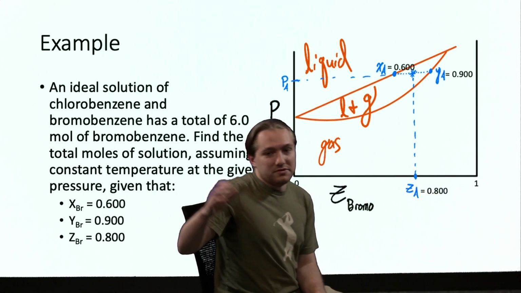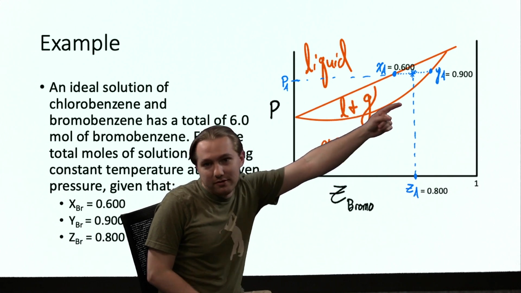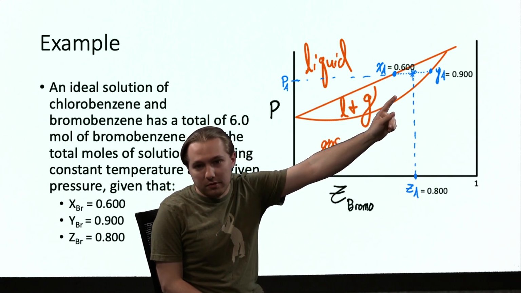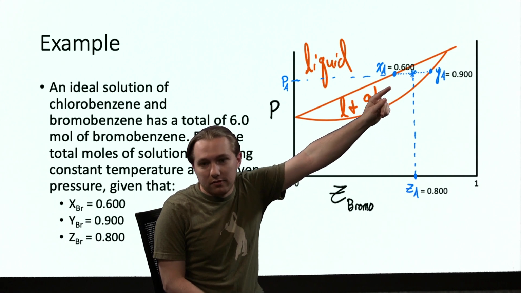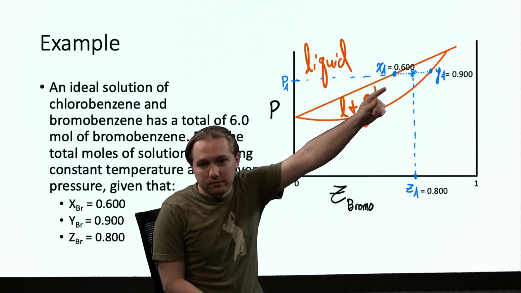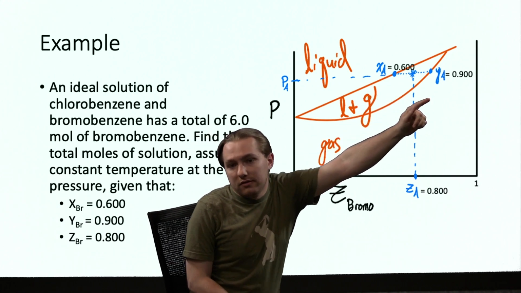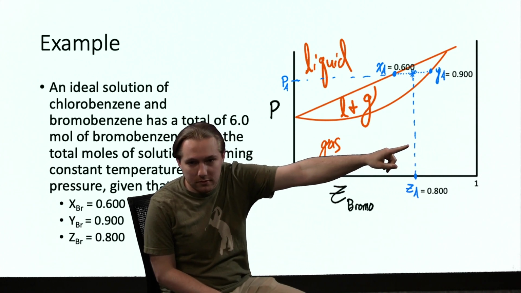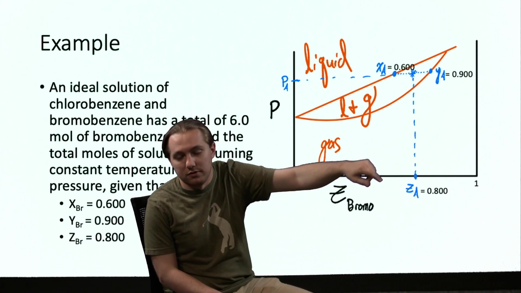This is visually represented here, where we have our liquid vapor region and our mole fraction of liquid, gas, and our average composition, 0.8.